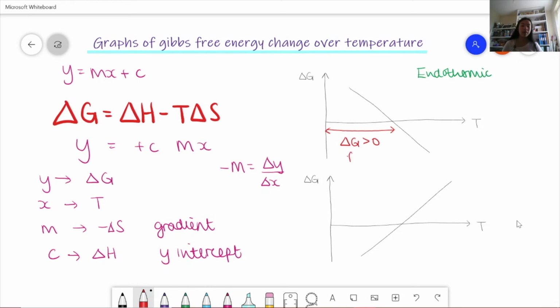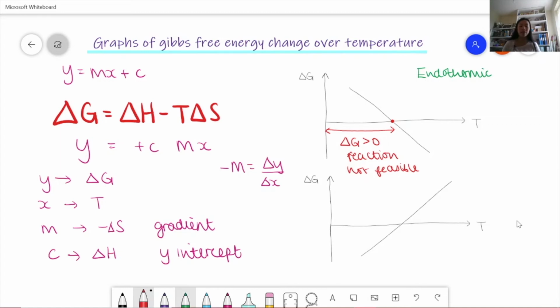So the reaction is not feasible. However, at this point, the reaction becomes feasible because this is where delta G is equal to 0.